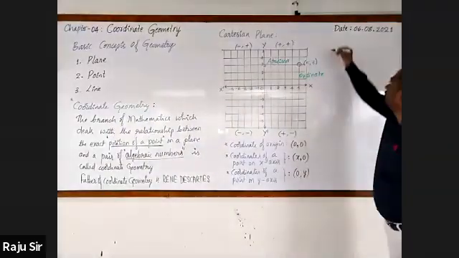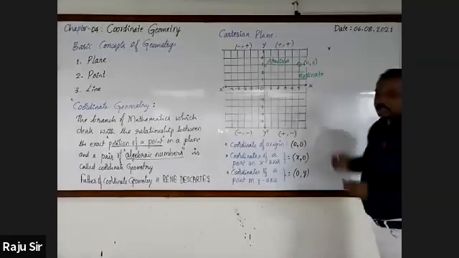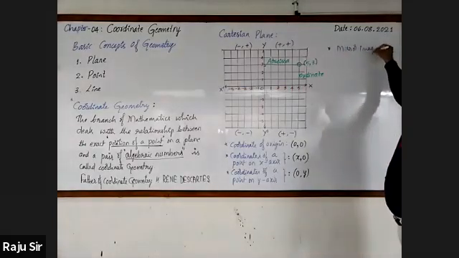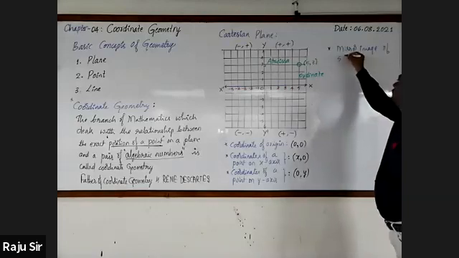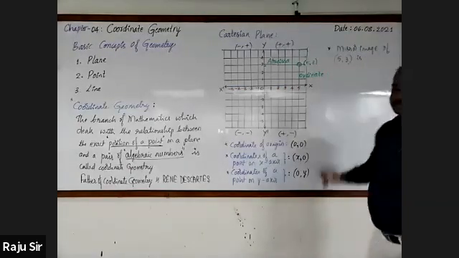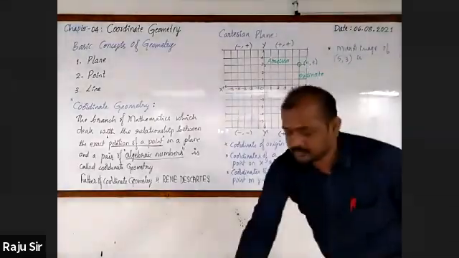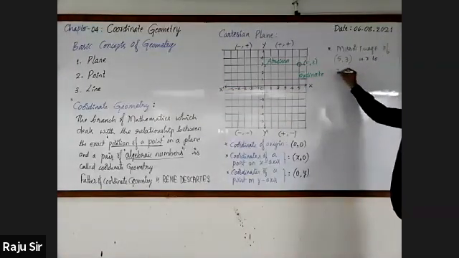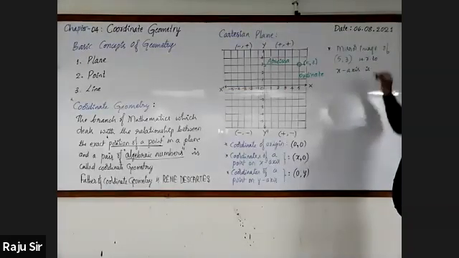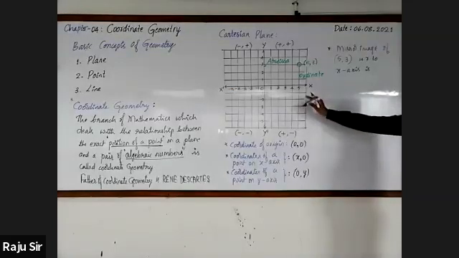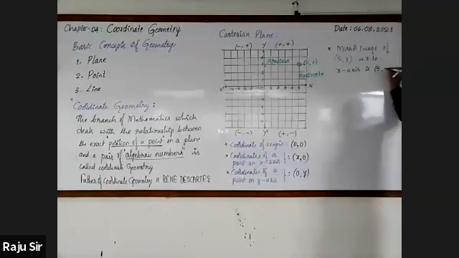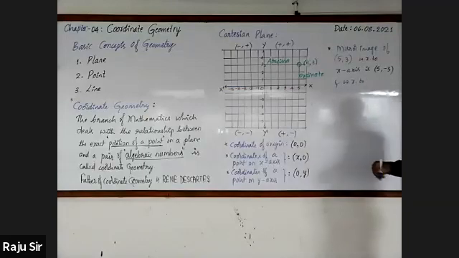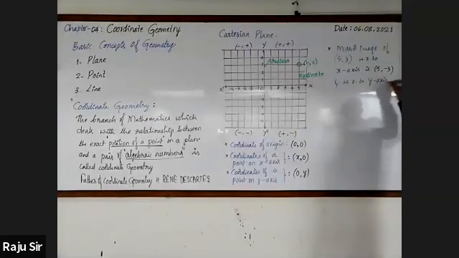Another point: the mirror image of 5, 3 with respect to the x axis is 5, minus 3, and with respect to the y axis, minus 5, 3.